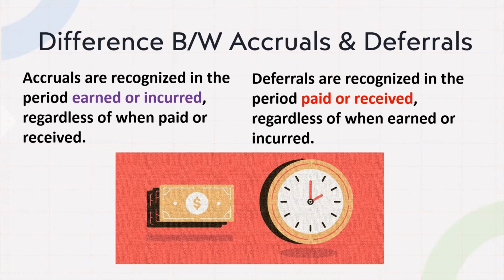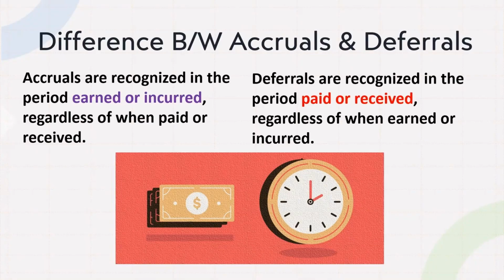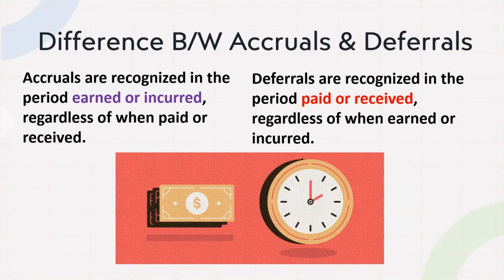So in the case of accruals, cash is not important. If you have earned any income or incurred any expense, you need to record that in the books of account. On the other hand, in the case of deferrals, if you have paid cash or received cash, only then you will record the transaction in the books of account. So I hope this difference is clear to you guys.